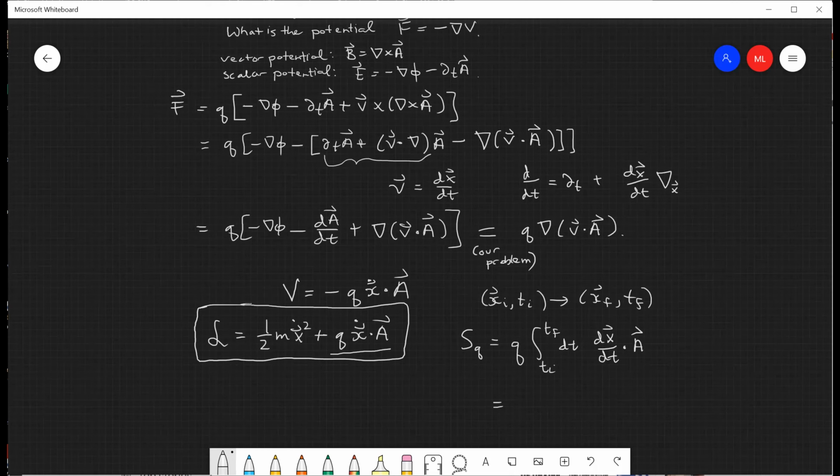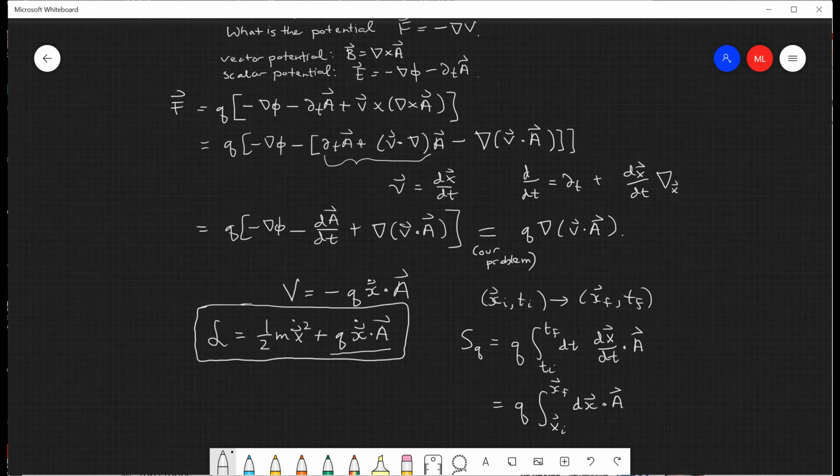But now we can just recognize that this is dx/dt, so we can change variables in the integration to just dx. So this has to be equal to the integral from the initial position to the final position of dx dotted into A, where x is the coordinate along the path that we're integrating over.